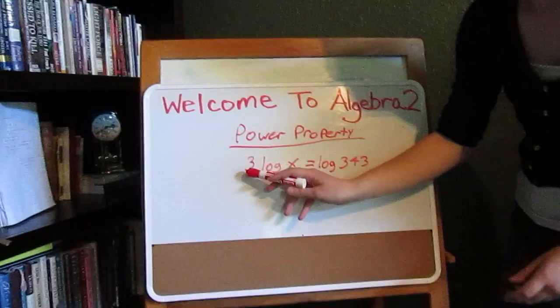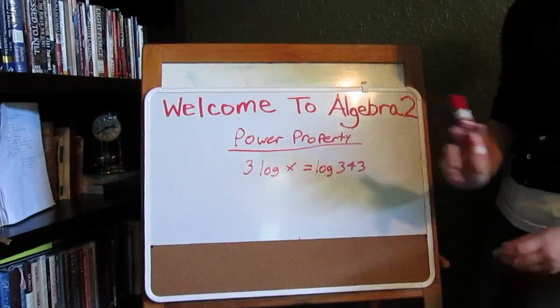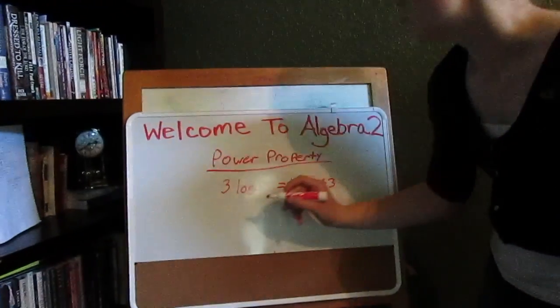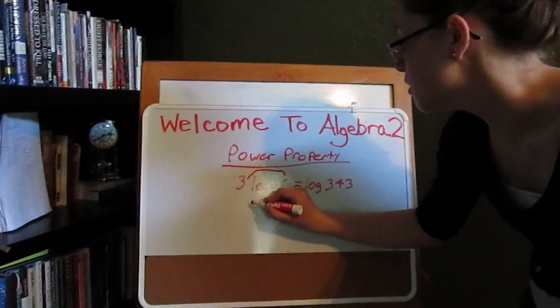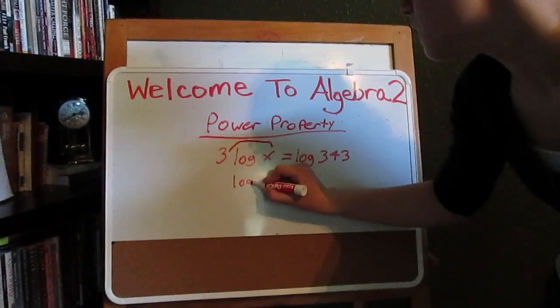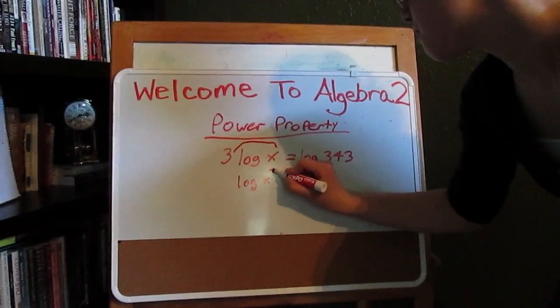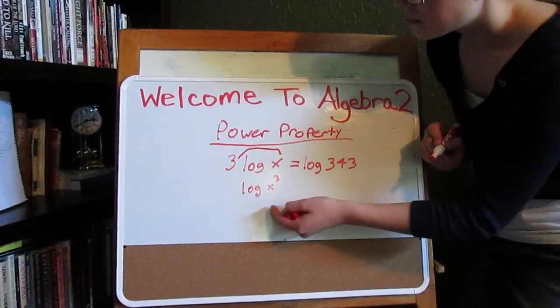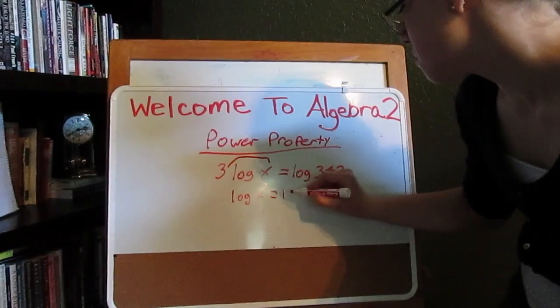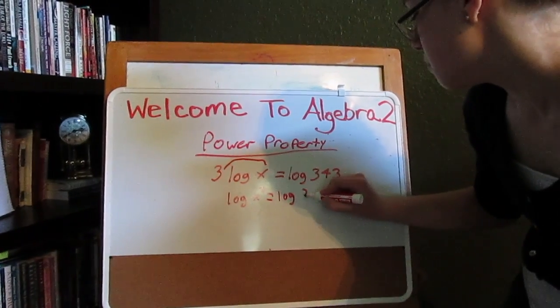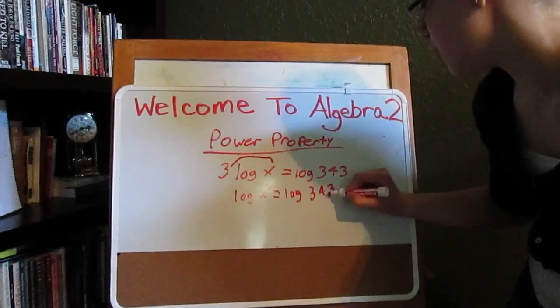It also means you can take the coefficient and turn it into the exponent. So you're going to take 3, move it to be the exponent on the argument. So you have logarithm x cubed equals logarithm argument 343.